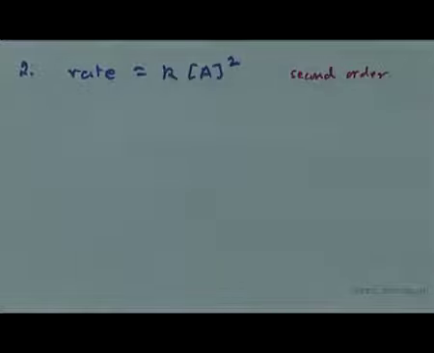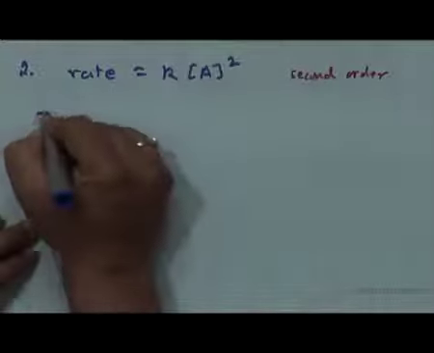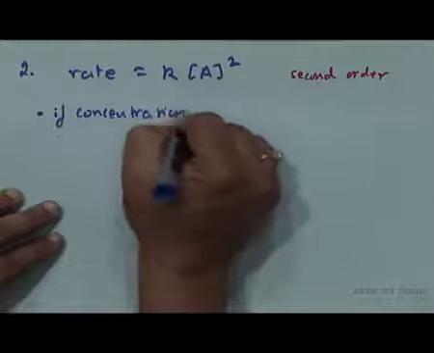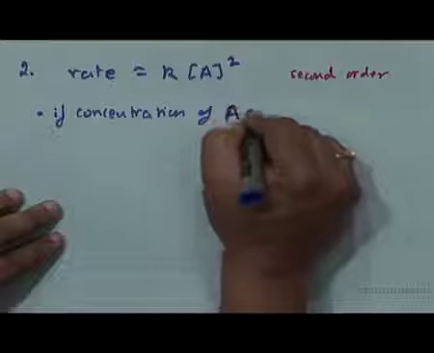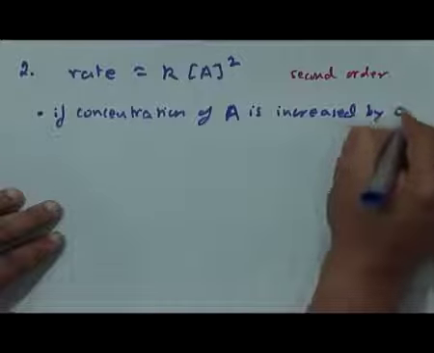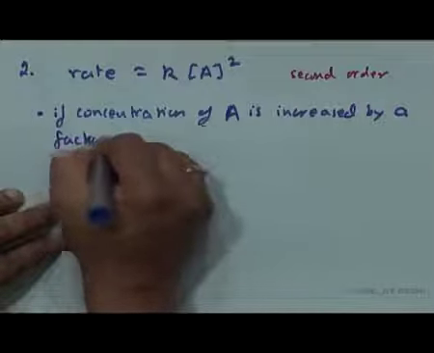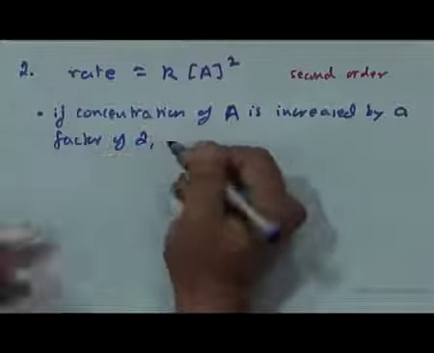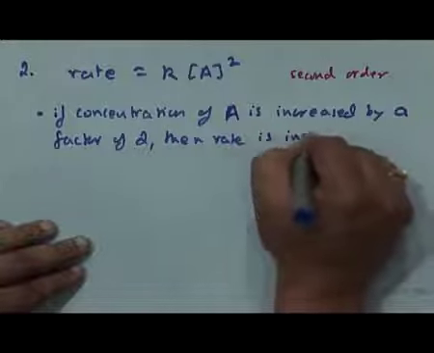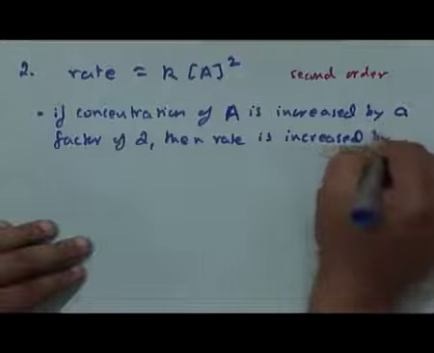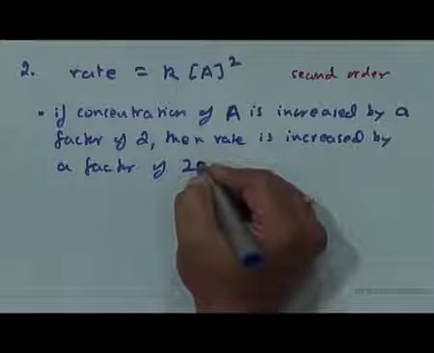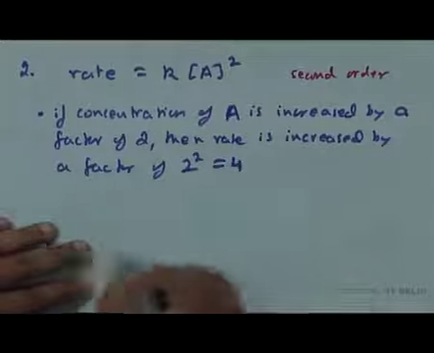When we say it is second order, we mean that if the concentration of A is increased by a factor of 2, then the rate is increased by a factor of 2 raised to the power 2, which is 4.